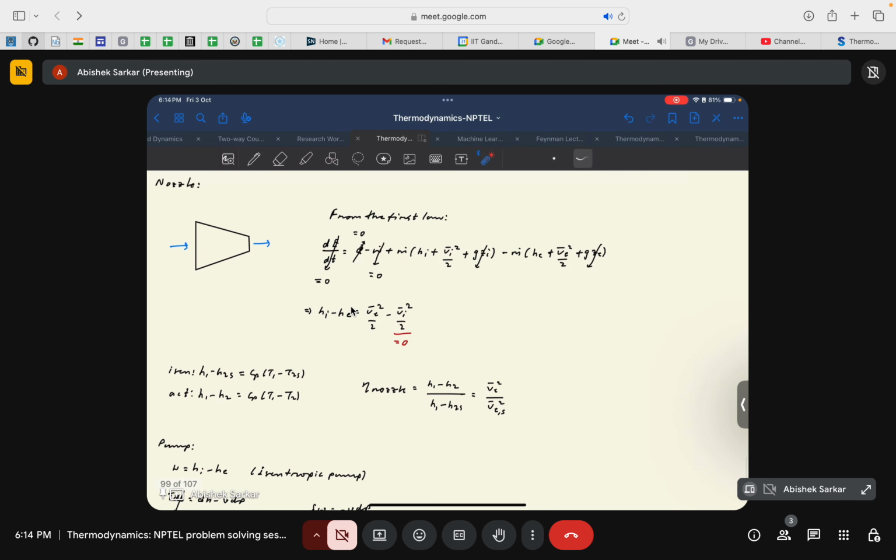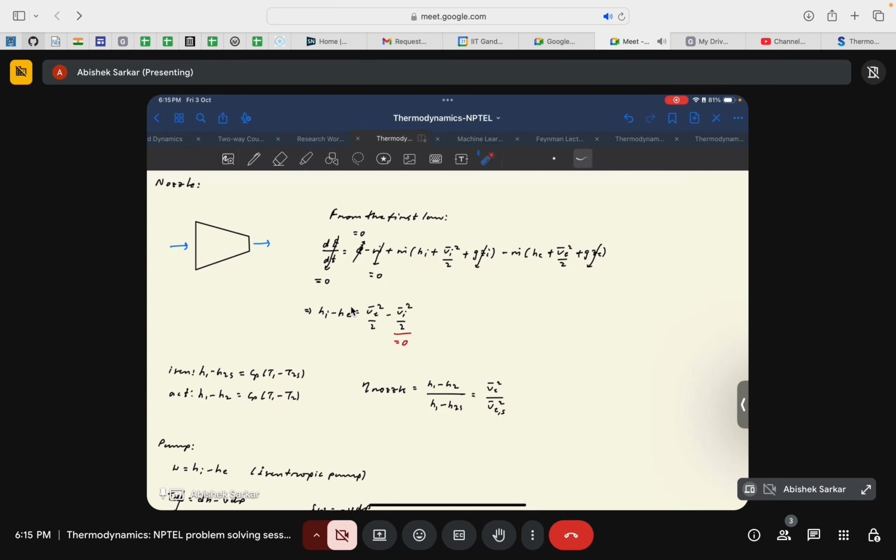Now, in general, nozzles are usually placed in a horizontal way, where there is no change in the potential energy. But again, a nozzle can be used in a tilted manner, or in a vertical manner.